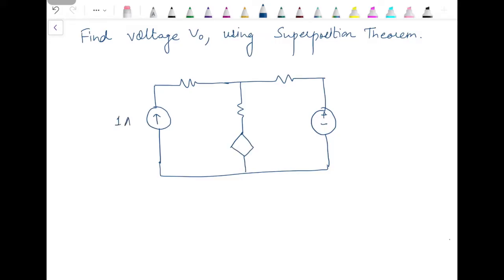This is a current source of 1 ampere across which voltage is V naught, which we need to find out. This is a voltage dependent voltage source where V1 is the voltage across the series combination of this dependent source and 40 ohm resistance.